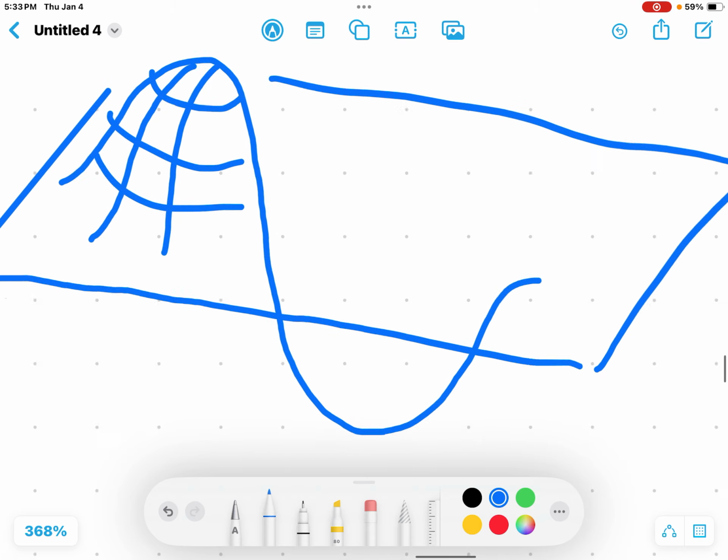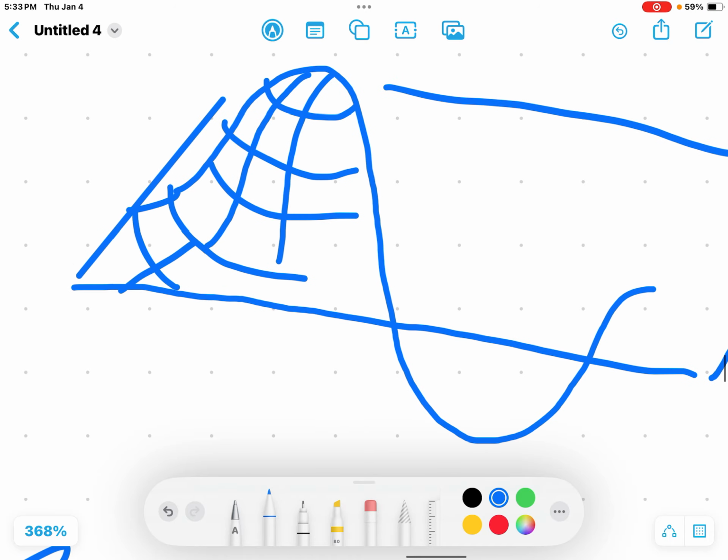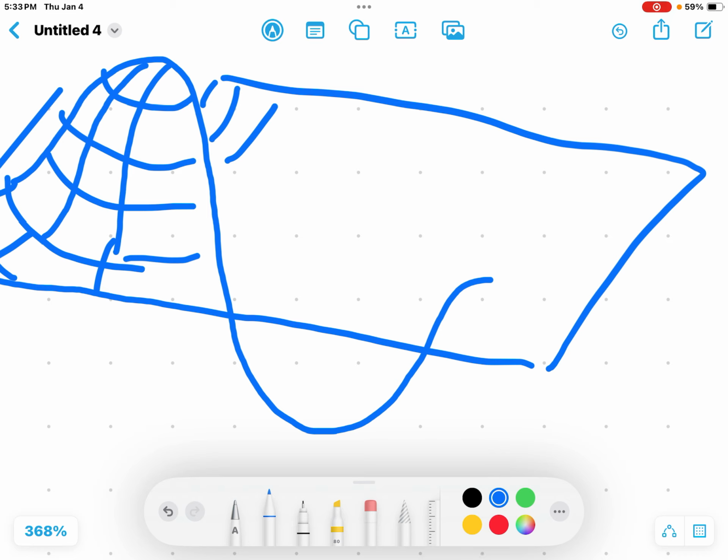So there's a bulge here, and then there's one down here.